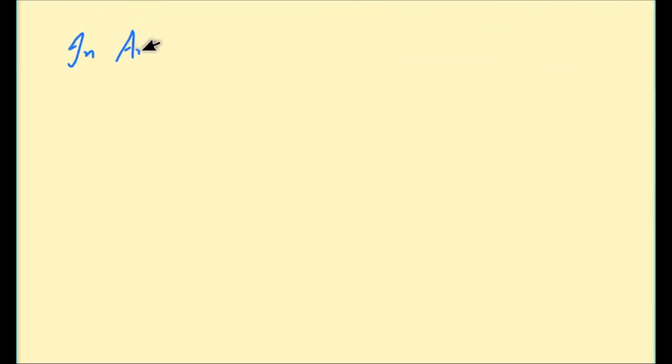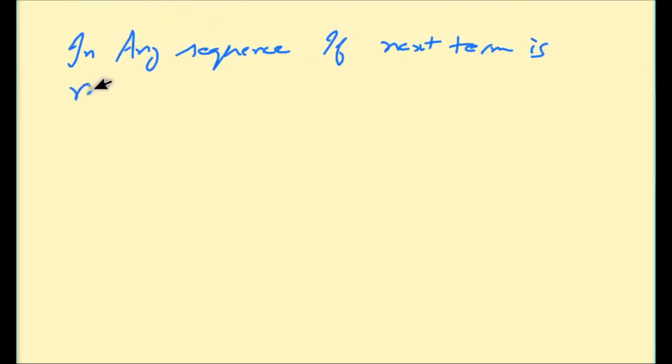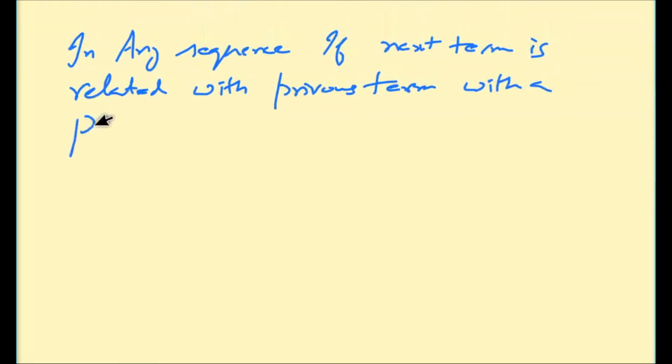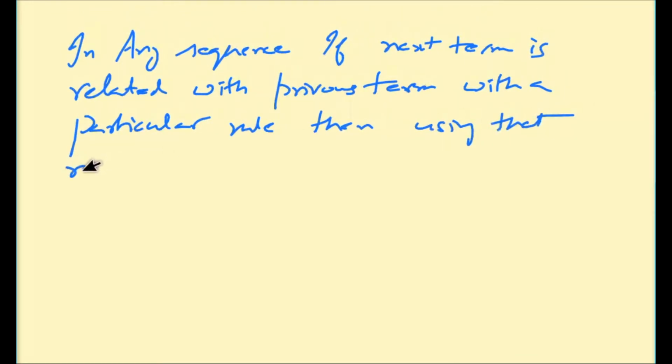In any sequence, if the next term is related with the previous term with a particular rule, then using that rule we can find the next term.